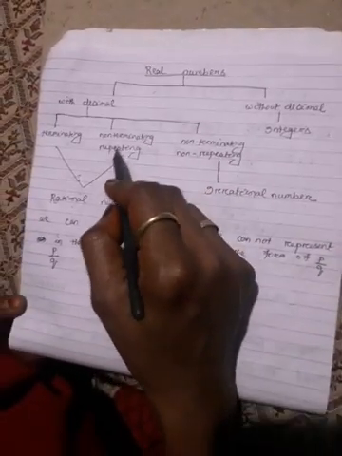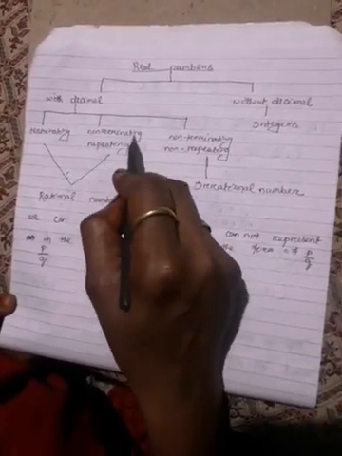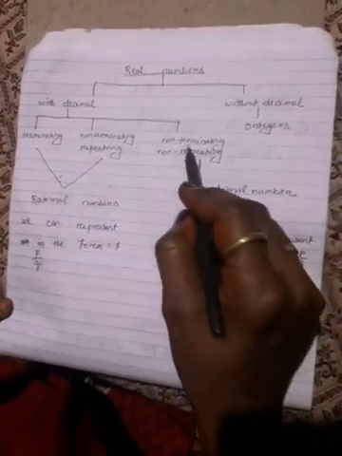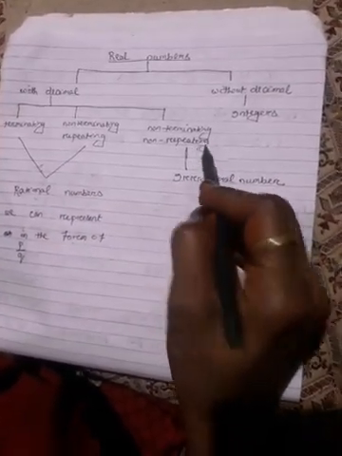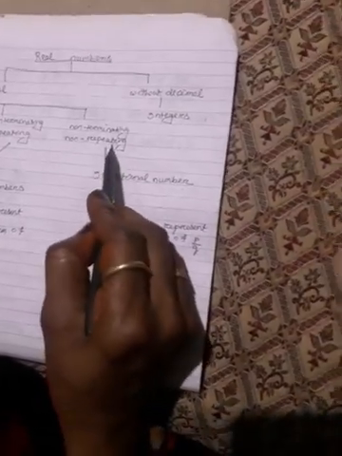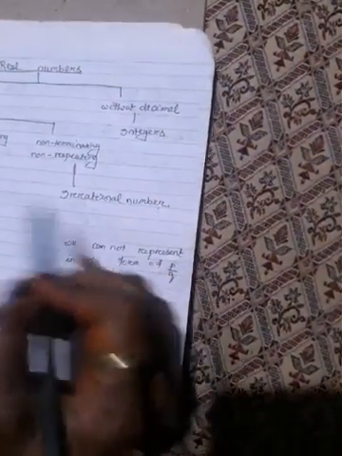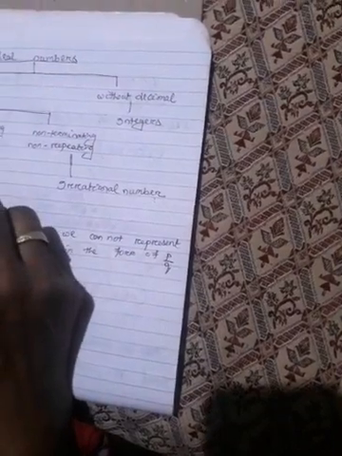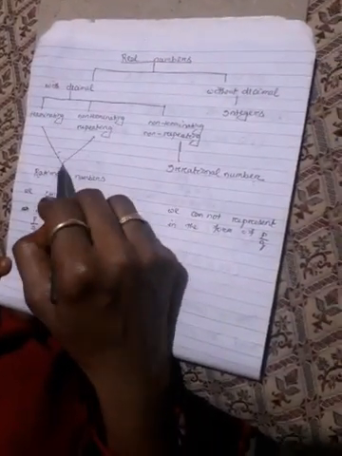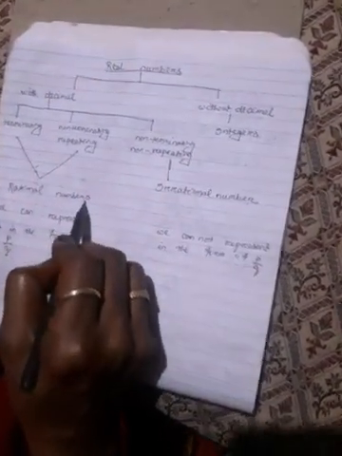Non-terminating are of two parts: non-terminating repeating numbers and non-terminating non-repeating numbers. Non-terminating non-repeating numbers are irrational numbers, and terminating and non-terminating repeating numbers are rational numbers.